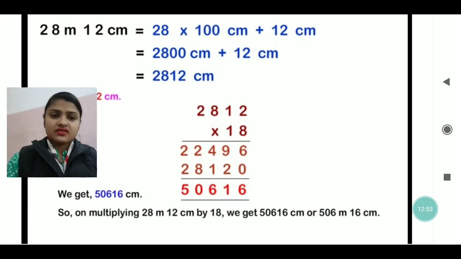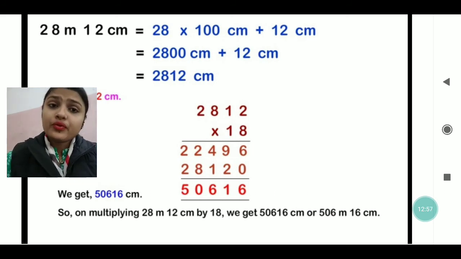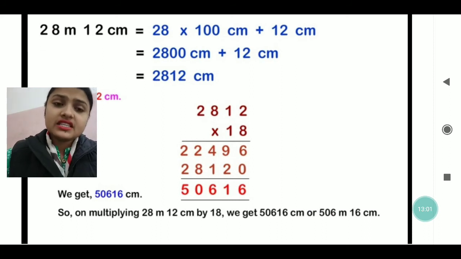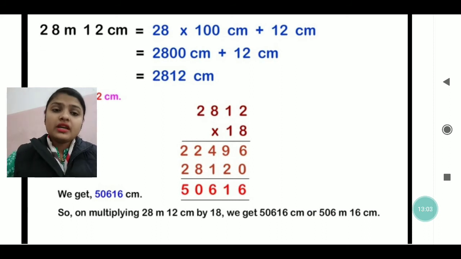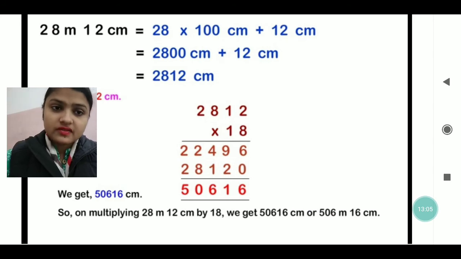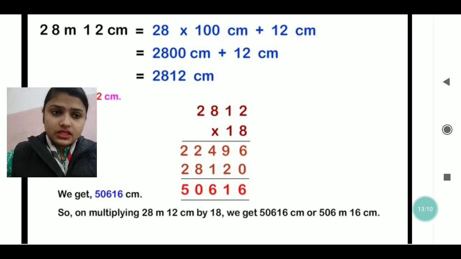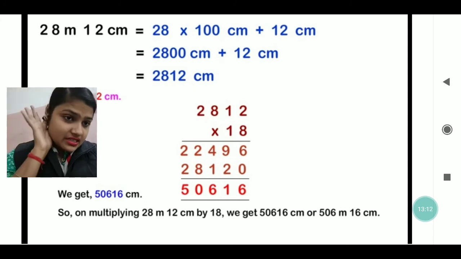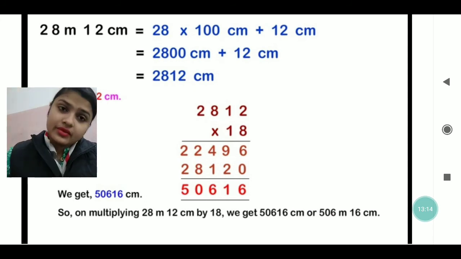So this is the answer we will get. We will write it like this: 506 meters and 16 centimeters. So on multiplying 28 meters and 12 centimeters by 18, we will get 506 meters and 16 centimeters.